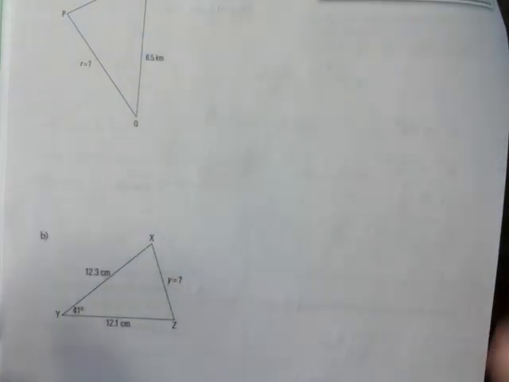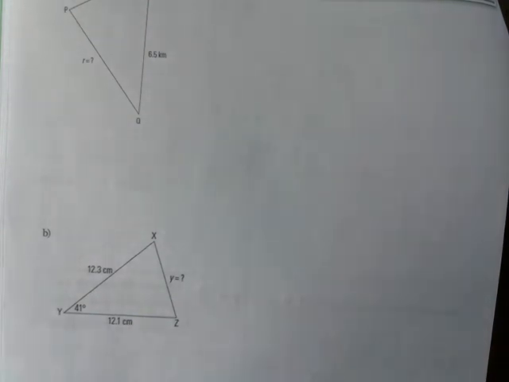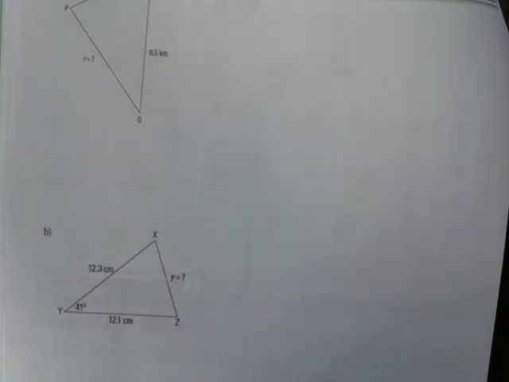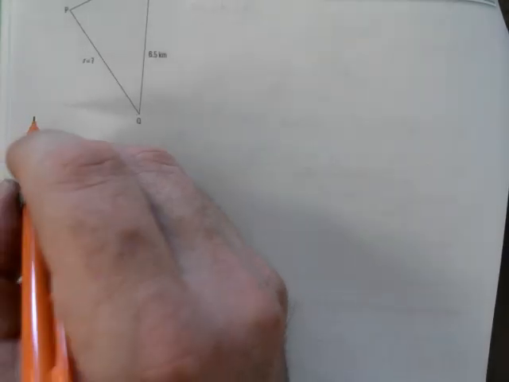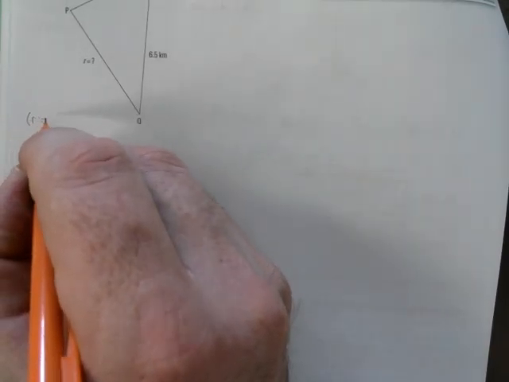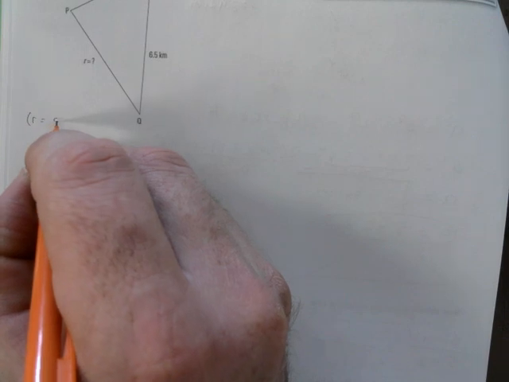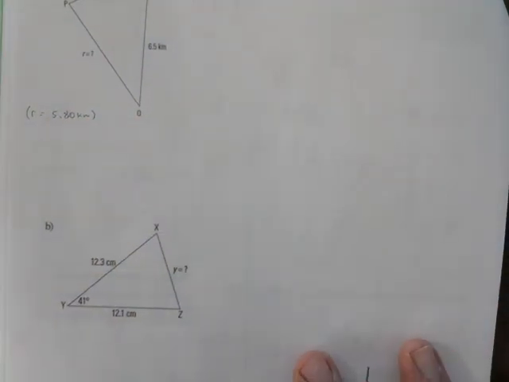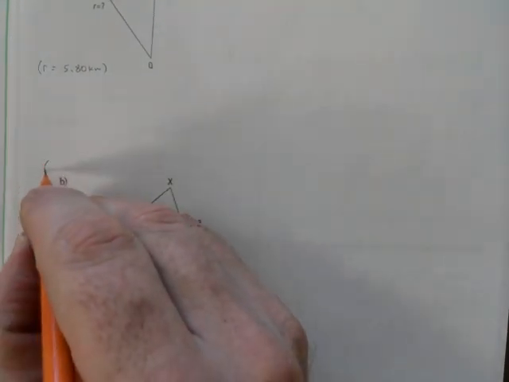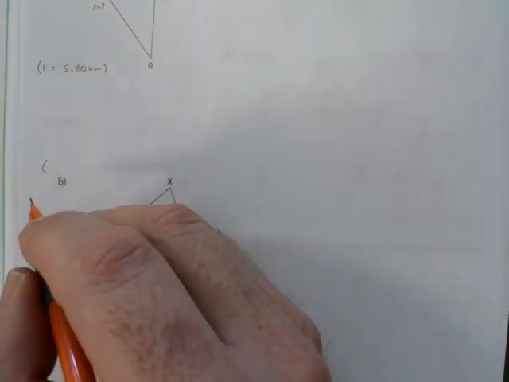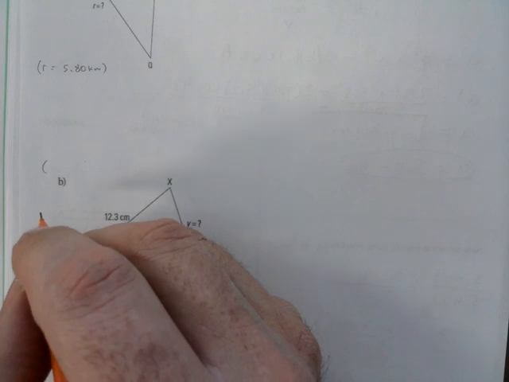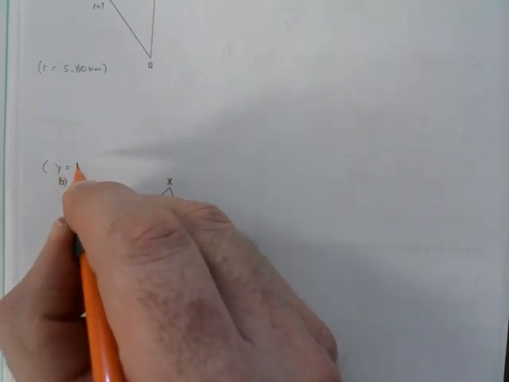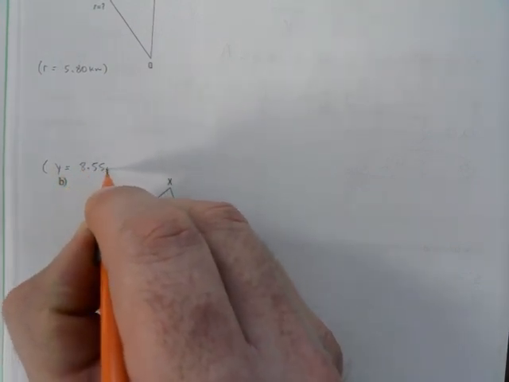I'm going to give you the answers. Here are the answers if you're ready. I'm just going to write them down right here in brackets. So R would be 5.80 kilometers. You got that? And then for the question B, which would be side Y, you get 8.55 centimeters.